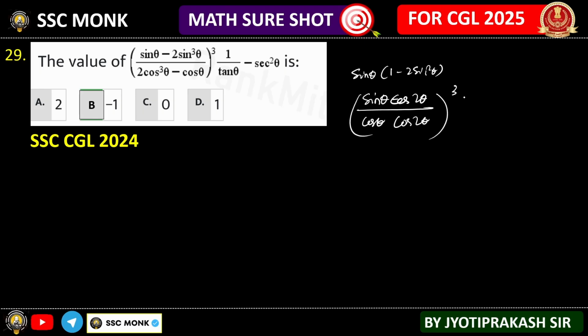Whole cube of that, into 1 by tan θ minus sec²θ we are talking about. See, cos 2θ gone, sin θ by cos θ is equal to tan θ. Tan θ multiplied by 1 by tan θ is equal to tan²θ minus sec²θ. Now see, we know sec²θ minus tan²θ is equal to 1. Now this will be minus 1. Answer option B. Clear? Next.